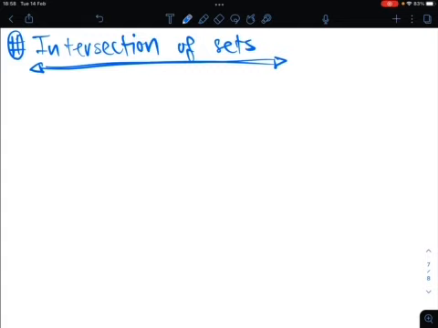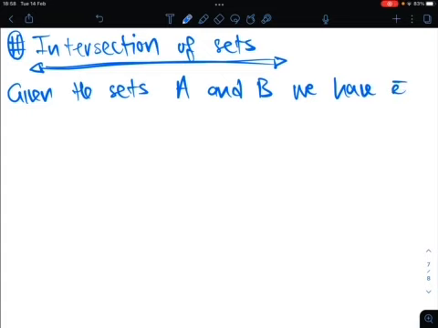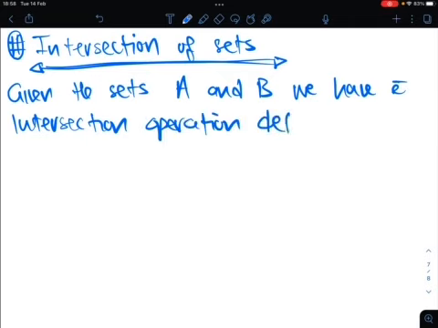Given the sets A and B, the intersection operation is denoted by A ∩ B. So the intersection is represented by the cap, a cap which faces down.